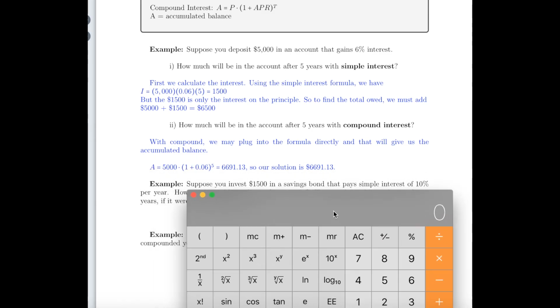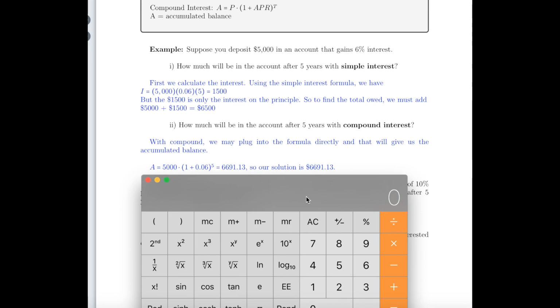If you're wondering how we get these numbers, I will show you on my little calculator. If you do 1 plus 0.06, you get 1.06, you raise it to the 5th power, you get this ugly number, and then you multiply it by 5,000, and you get 6691.127. So we round up to 6691.13, and that's where we're getting that number.